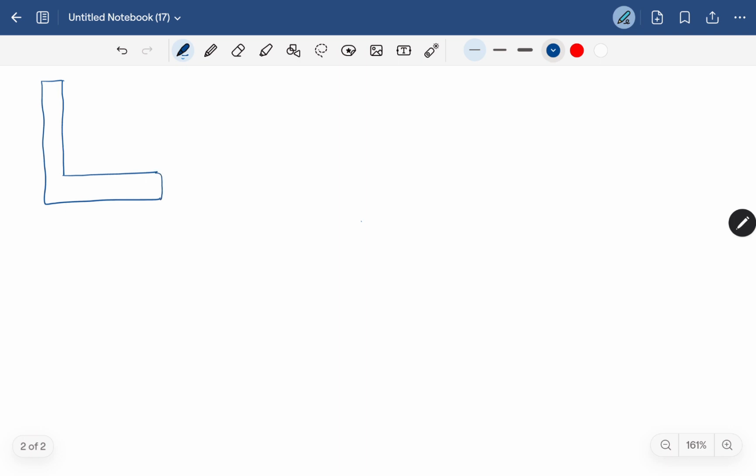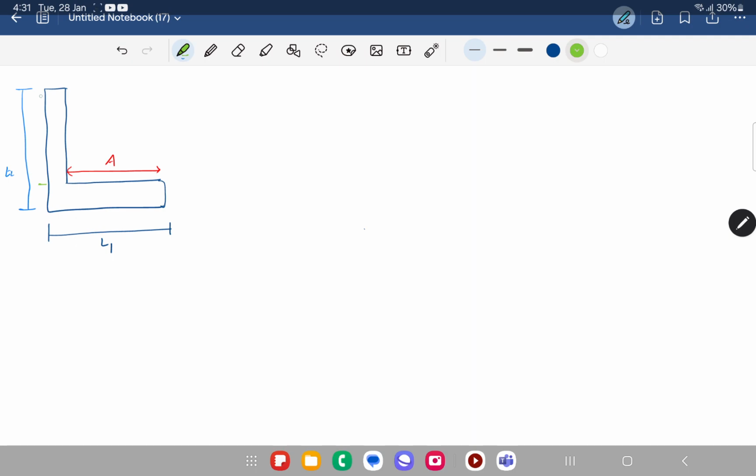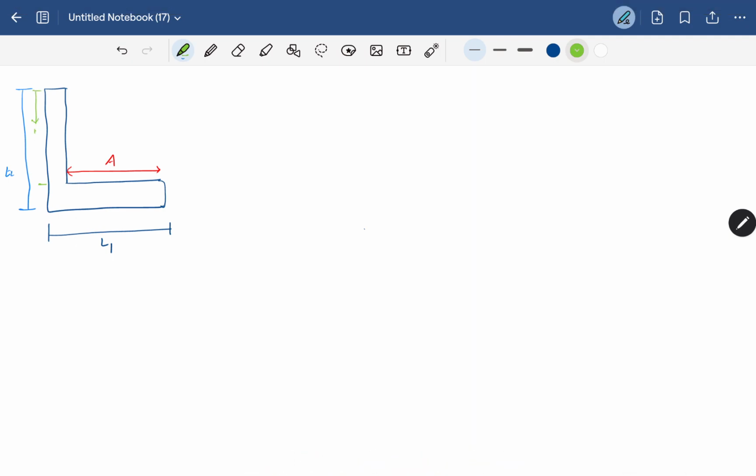If the plan of the building or any structure is like this, suppose this length is L1, and this length we will take as A. This length is L2, and from here this length we are taking as B.